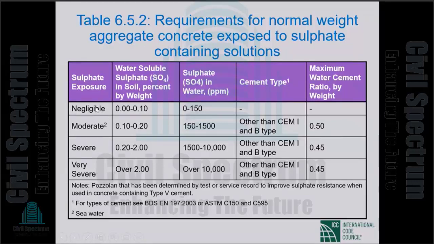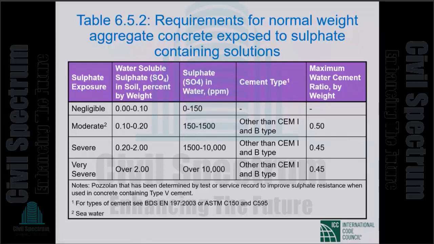How do you define negligible sulfate exposure as opposed to severe sulfate exposure in terms of water-soluble sulfate in soil? This is percent by weight, and in terms of sulfate in water. Okay, so water-soluble sulfate in soil and sulfate in water. And how you measure them is specified.